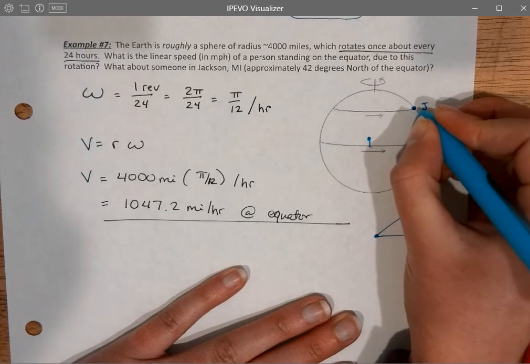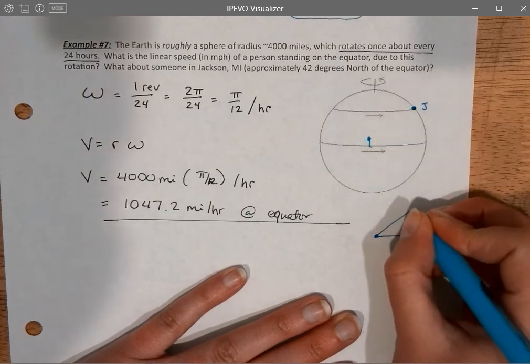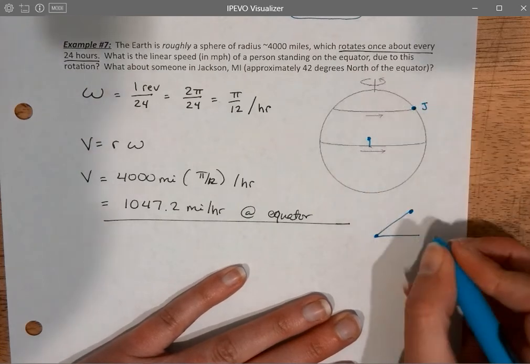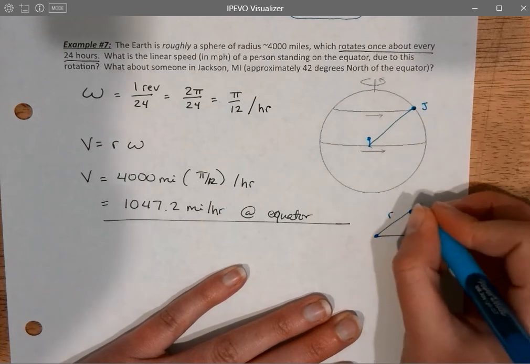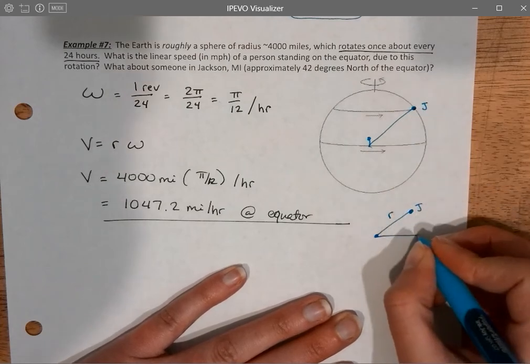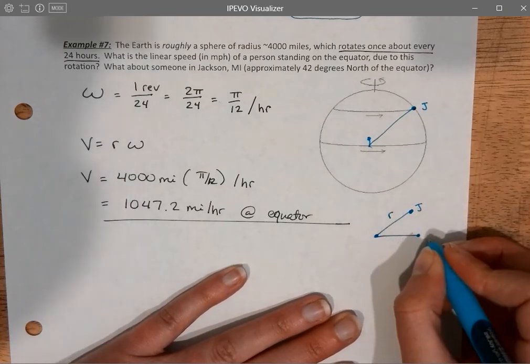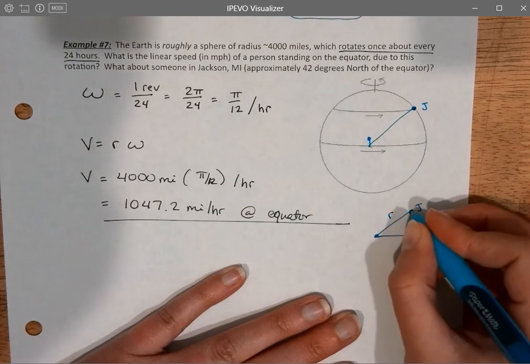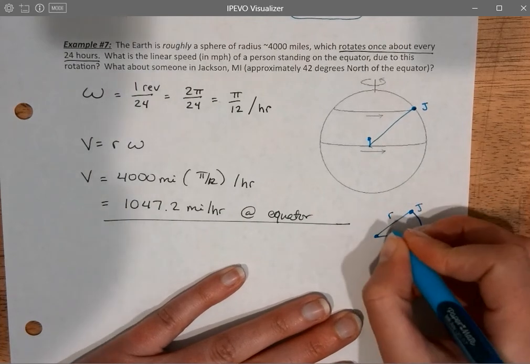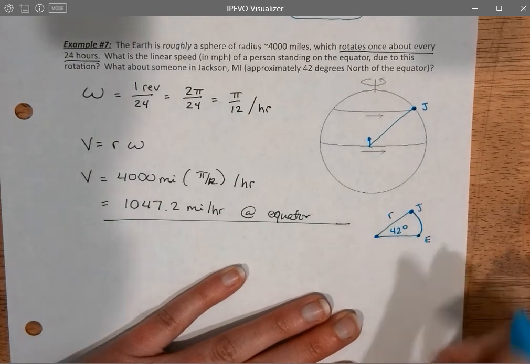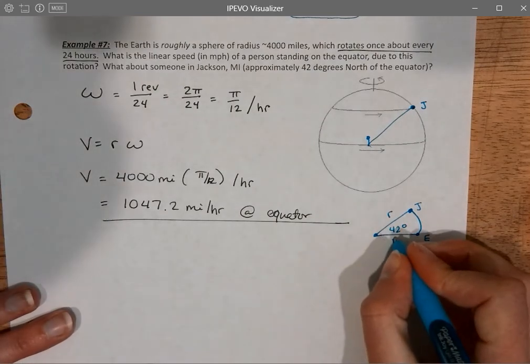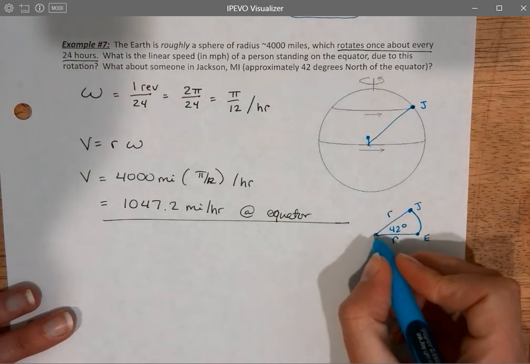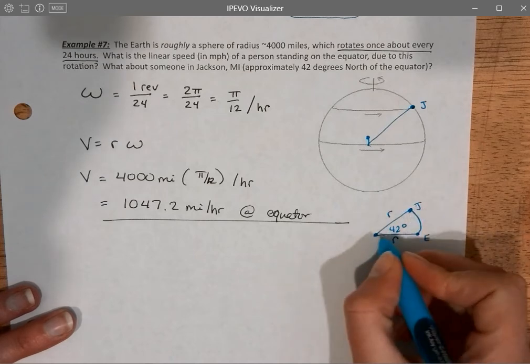So when I arc my angle right here, I can use a radius to get out to Jackson, and then I can use a radius to get out here to the equator. And then I have this arc that is going to be 42 degrees in measure, because Jackson's approximately 42 degrees north of the equator. Both of these sides are R because we've arced from the center of the Earth out to Jackson and out to the equator.